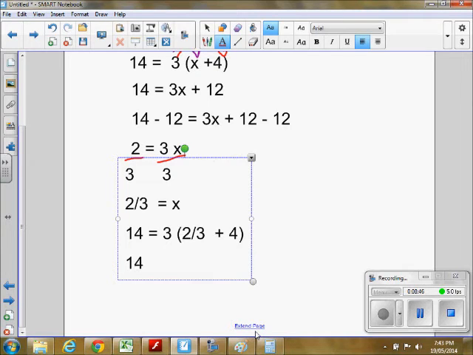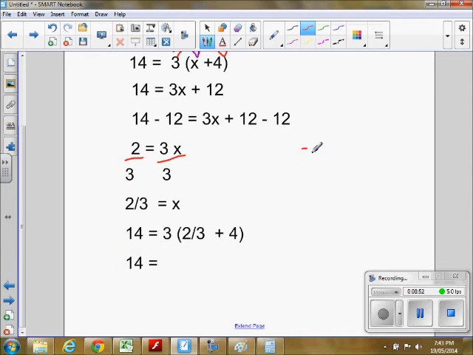Simplify. 3 times 2/3, 3 times 2 is equal to 6, 6 divided by 3 is 2.